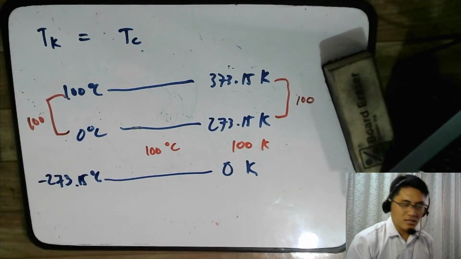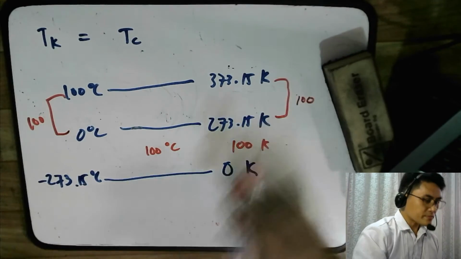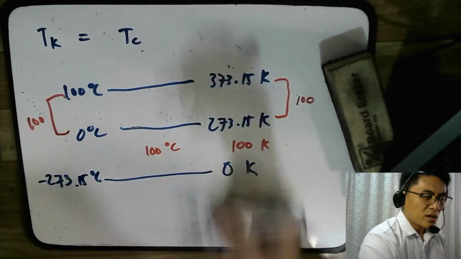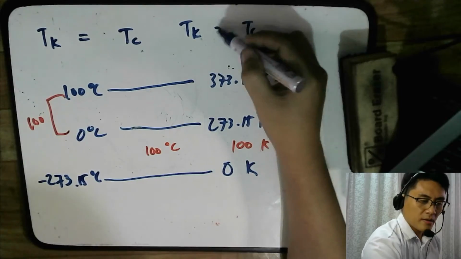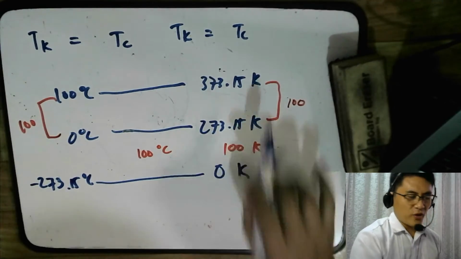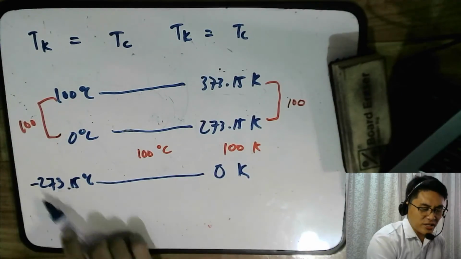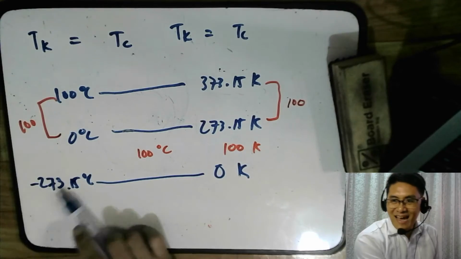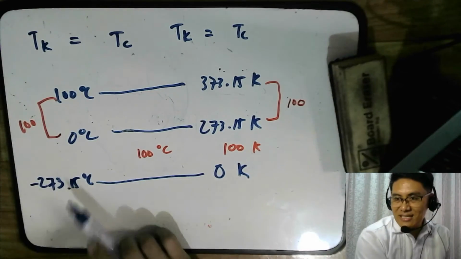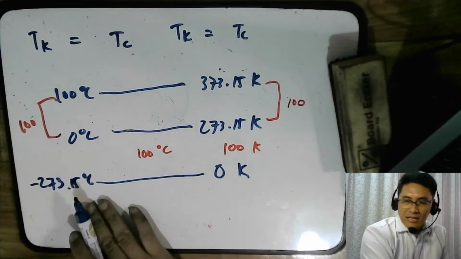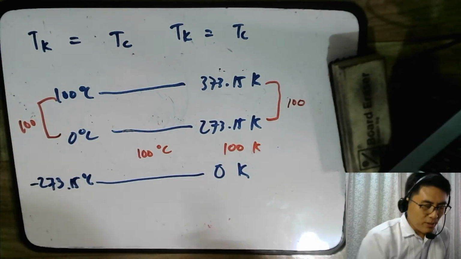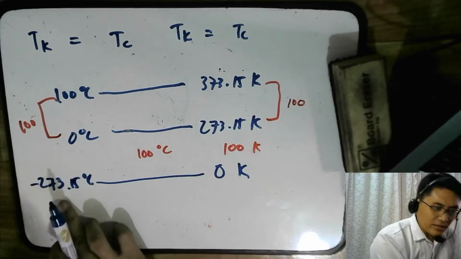And because of this, when you have a temperature in Celsius and you want to convert that to Kelvin, again, Celsius has the disadvantage. And because it has a disadvantage, you have to level the playing field by adding that number.